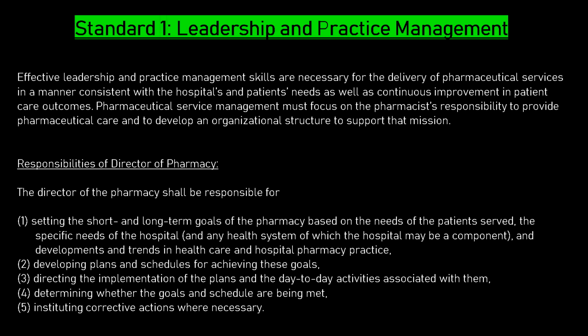Number two, developing plan and schedule for achieving these goals. Number three, directing the implementation of the plan and the day-to-day activity associated with them. Number four, determining whether the goals and schedules are being met. Number five, instituting corrective action where necessary.